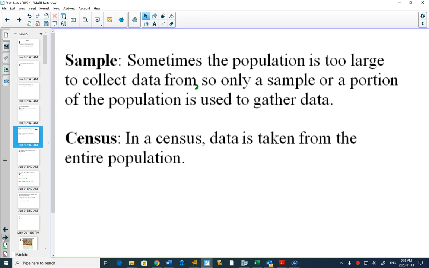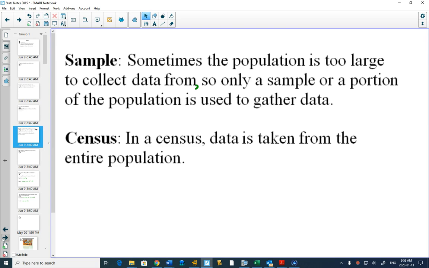But often in statistics, if you want to figure out what Canadians think, it doesn't make sense to ask every single Canadian because it would take too long. Does that make sense? And so you have to take a sample, a portion of the population.